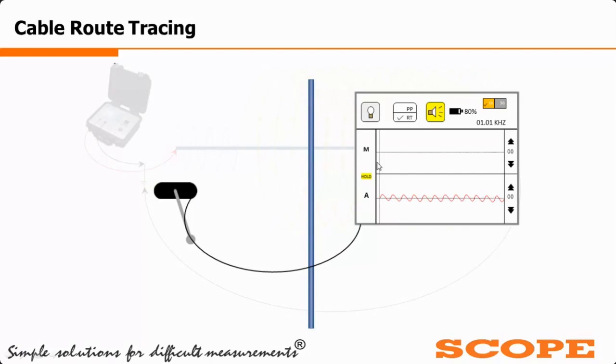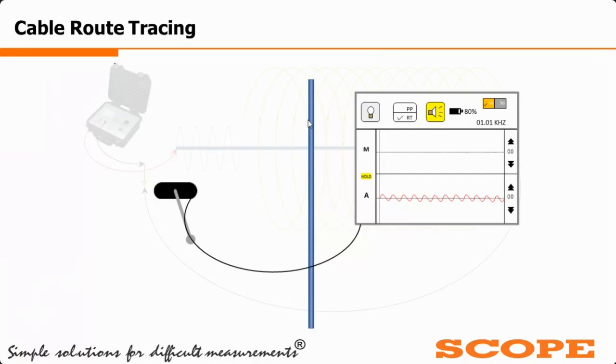By hearing the maximum sound and seeing the maximum amplitude on the screen, you know that you are exactly above the cable. Whenever you move away from the cable, the volume of the audio signal is lowered and the amplitude is also reduced. So by detecting the maximum amplitude and maximum sound, you can easily locate the route of the cable.